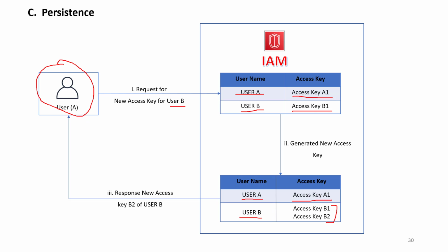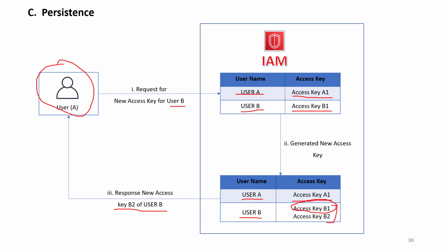That will help you: if one access key is disabled, you have the option of another access key for future use. In the response it will give you the access key of user B, which you can use for a future purpose to create a backdoor.